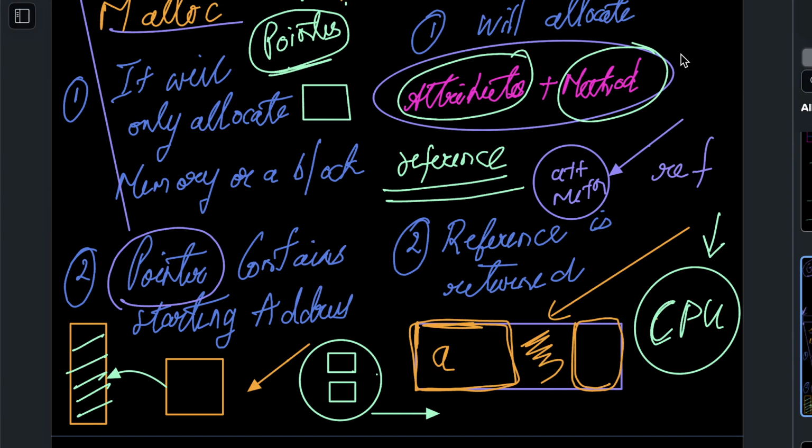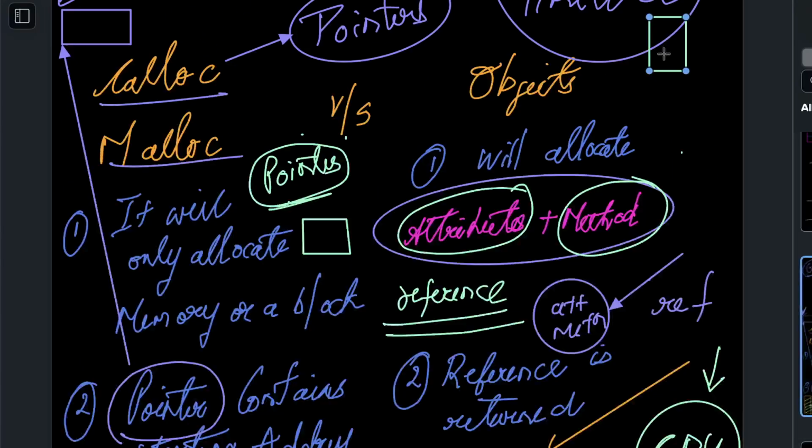Why we don't use the stack is, first, it's limited in size. Second, the default behavior is that things are taken out from the stack. Once the work is done it will be removed. But with the heap it's not that way. With objects, it's not that way.